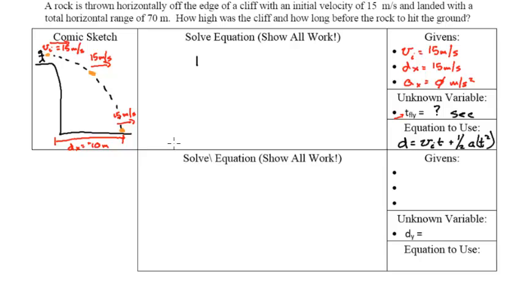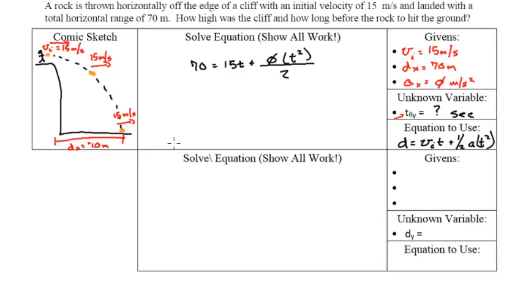So distance is 70 meters equals velocity initial, 15, times time, which I don't know and am looking for, plus quantity 0 times time squared, divided by 2.